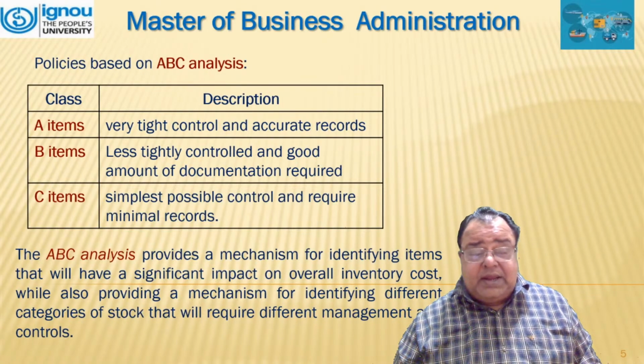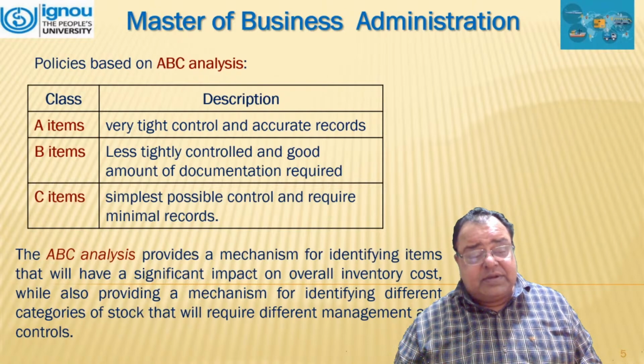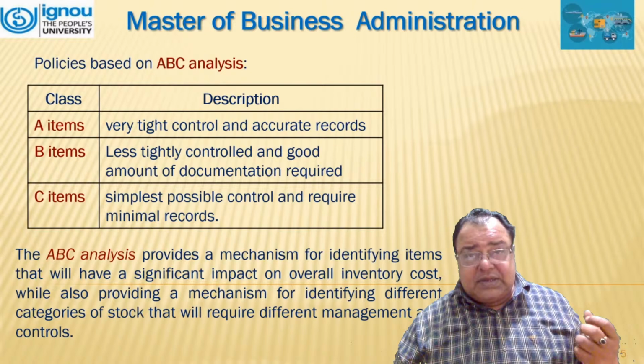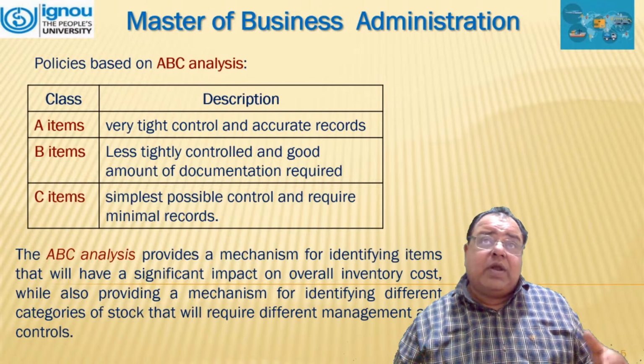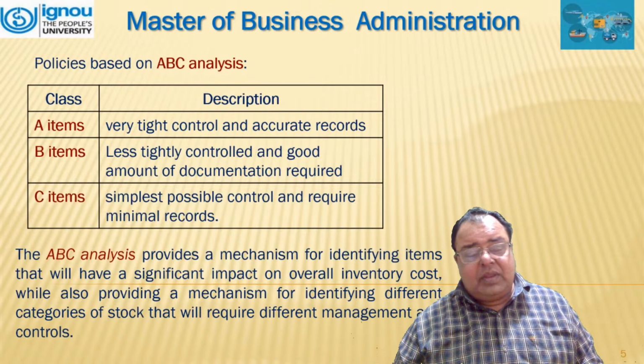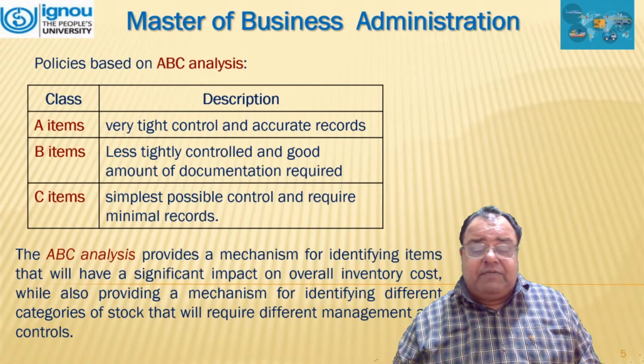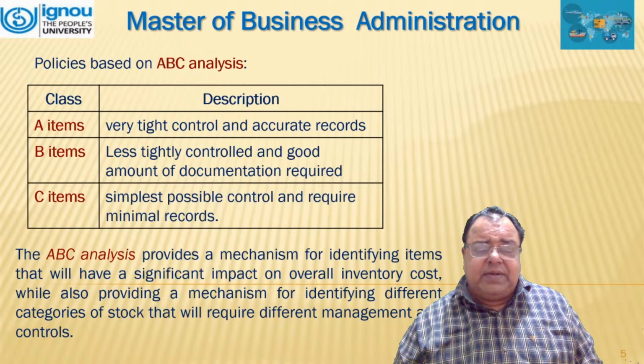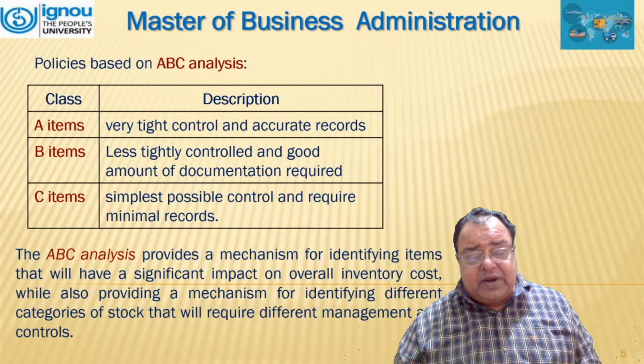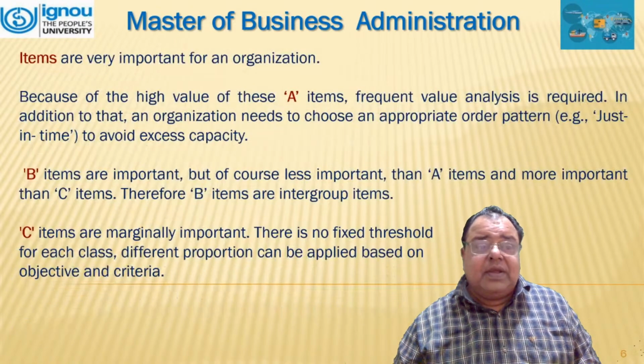The ABC analysis provides a mechanism for identifying items that will have a significant impact on overall inventory cost, while also providing a mechanism for identifying different categories of stock that will require different management and controls.